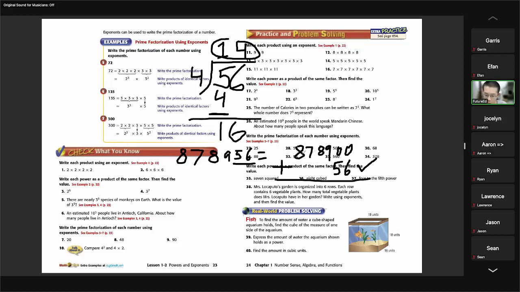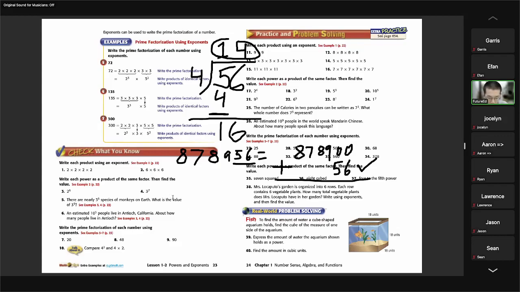And how would I tell right away that 878900 is divisible by 4? You want to guess? 878900 is a multiple of 100, right?